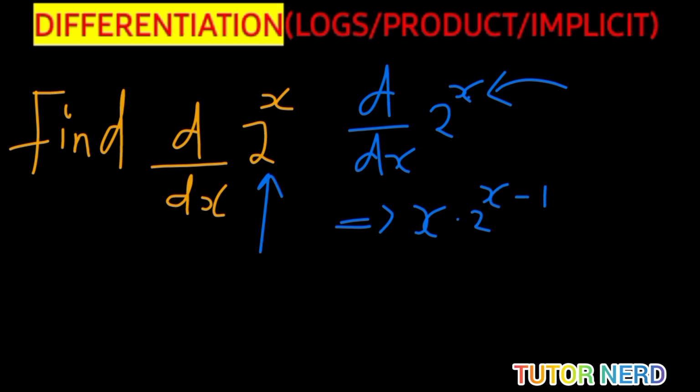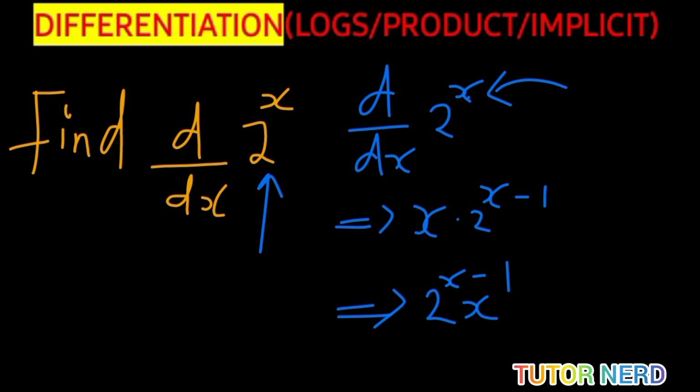Then they said the final answer is 2 to the power x minus 1 times x. So this was their answer, which is totally wrong.